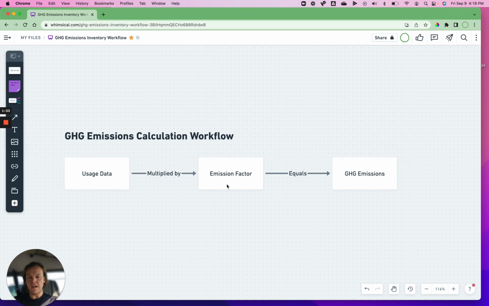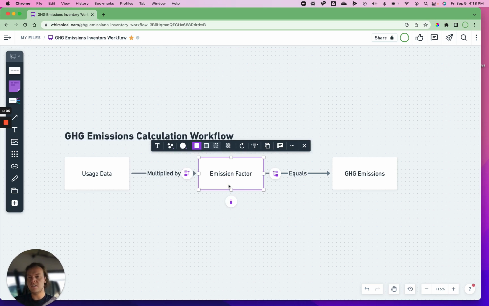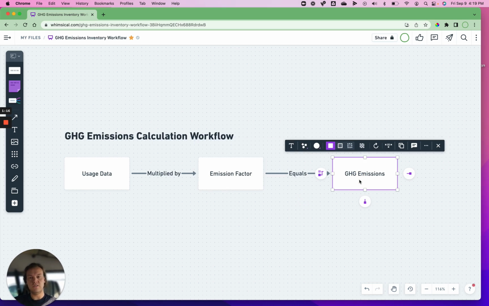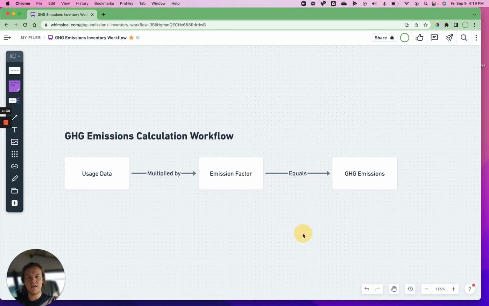You multiply that by an emission factor, and this is essentially how many units of carbon and other greenhouse gases are emitted per unit of fuel or energy, and that equals your greenhouse gas emissions. So really simple: activity times emission factor equals emissions. There are, of course, some complications here. There are things that add time to the process, add confusion to the process, but the underlying equation is just this. It has three components.